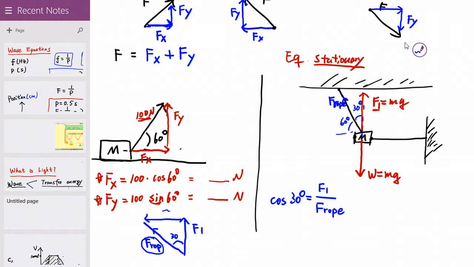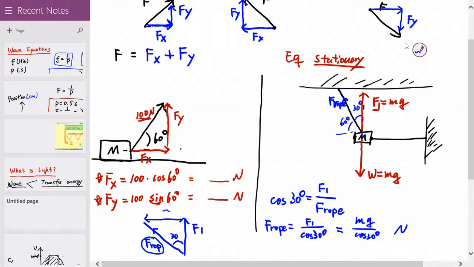So the force applied to the mass by the rope will be F1 divided by cosine 30 degrees, which is mg over cosine 30 degrees. If you know the mass of the object, you can find the force on the rope.